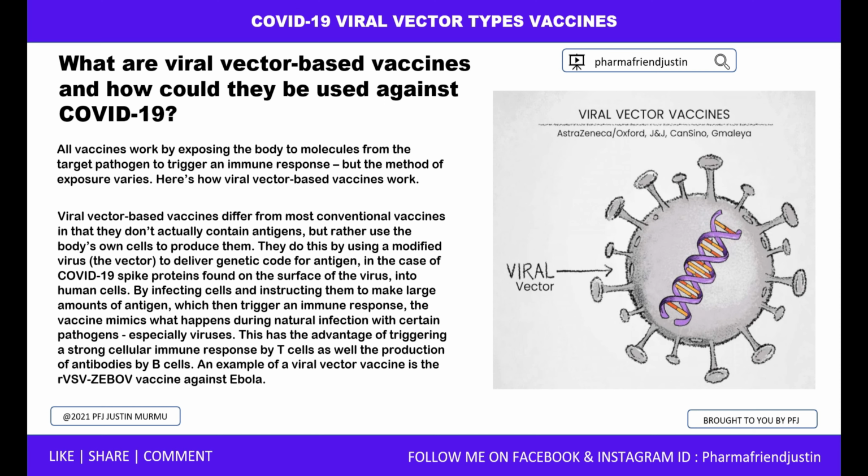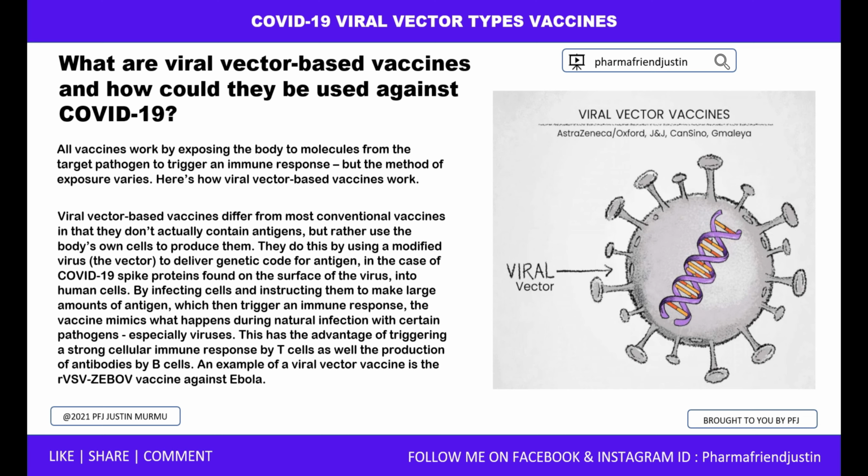They do this by using a modified virus, the vector, to deliver a genetic code for the antigen. In the case of COVID-19, the spike protein found on the surface of the virus is delivered into human cells, by infecting the cells and instructing them to make large amounts of antigen, which then trigger an immune response.